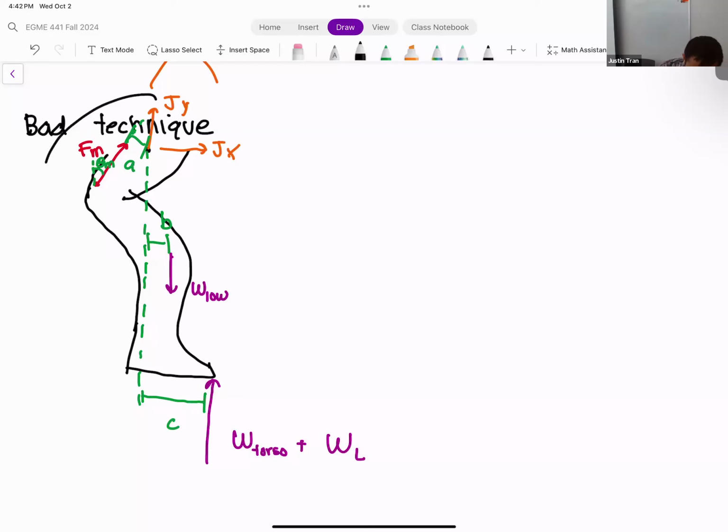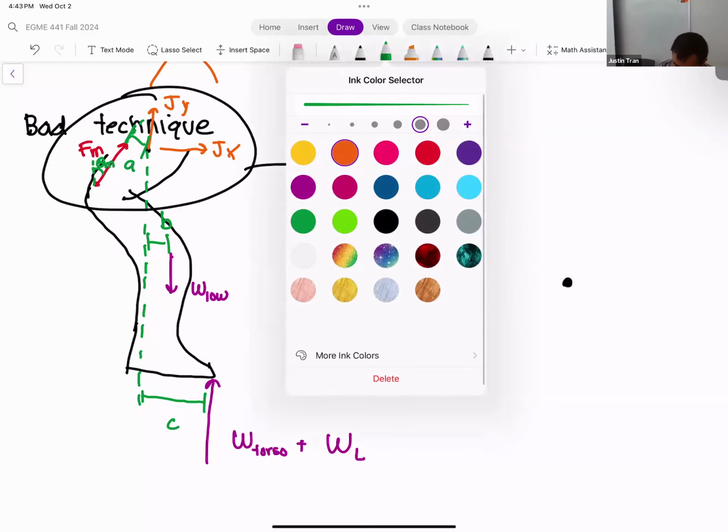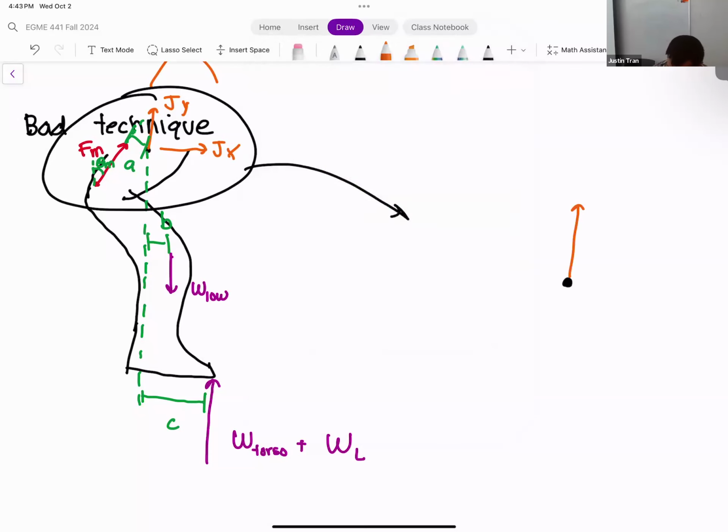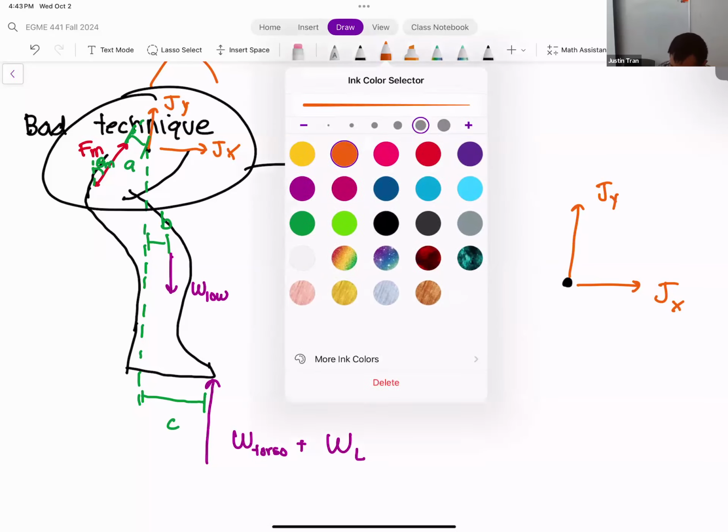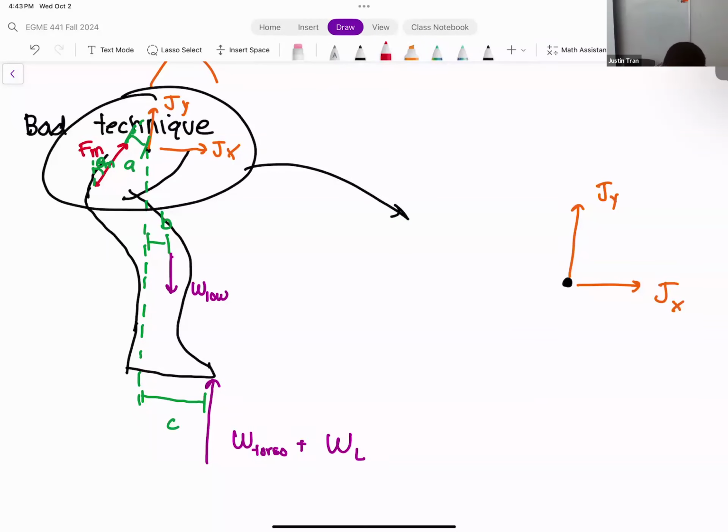Just because there's a lot going on here, let me draw this over here to make it a little easier to see. Here we have our spinal joint, with JY and JX. And then we have our muscle force, acting just like that.